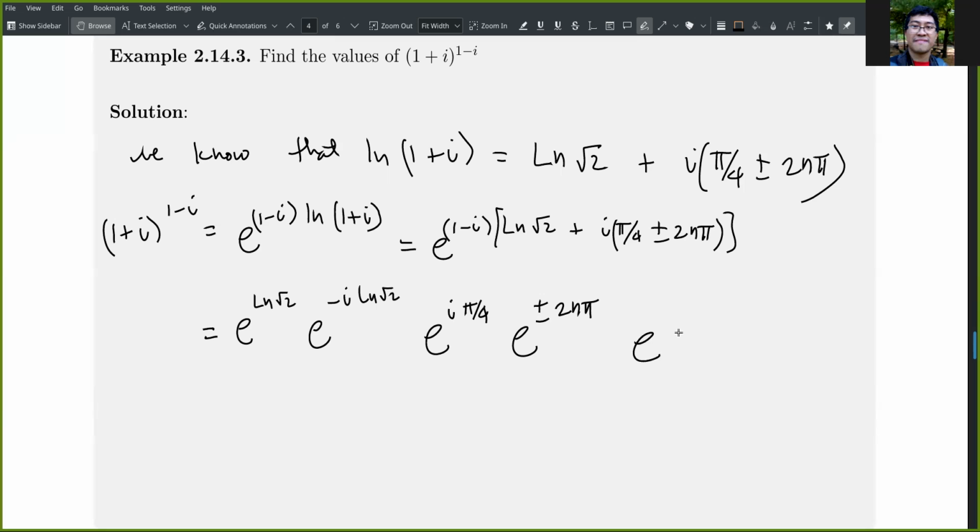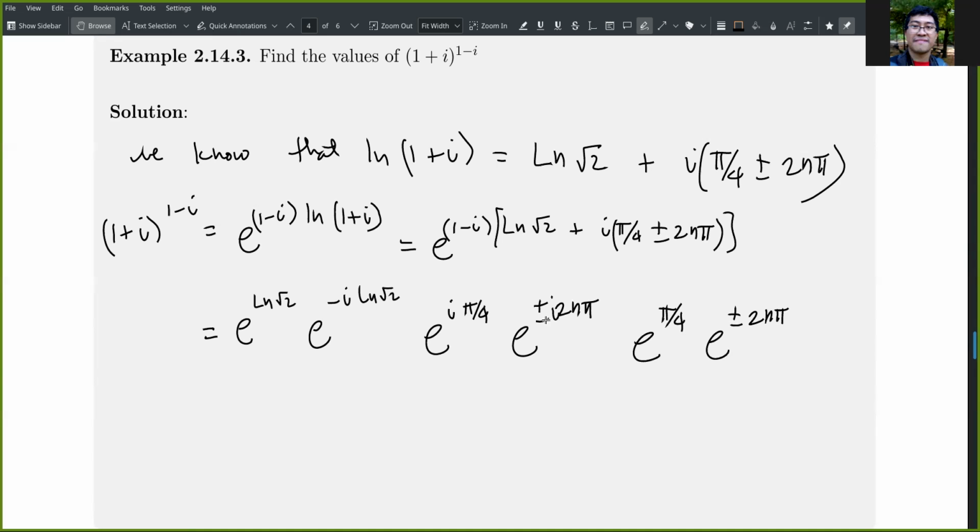And then here i times this. You have e to the power of pi over 4, and there's an i here that I forgot. Okay, e to the power of plus and minus 2n pi. Okay, what is e to the power of i 2n pi?